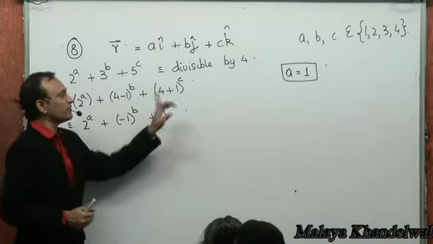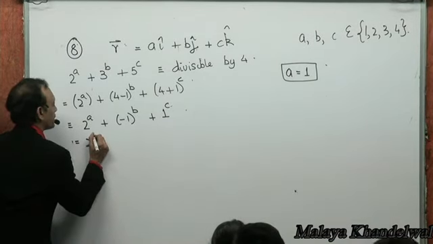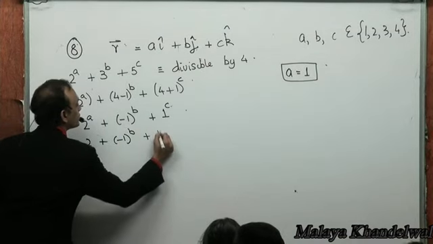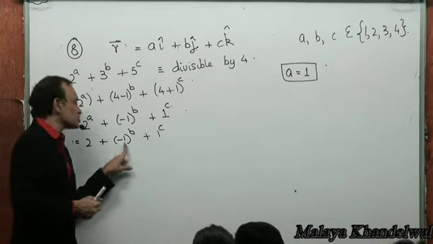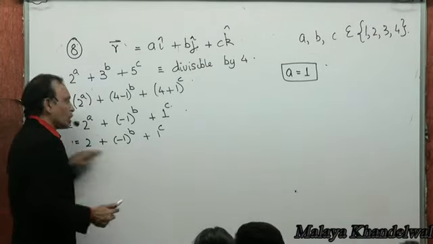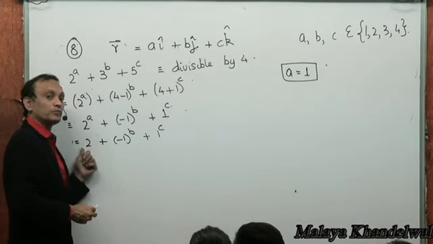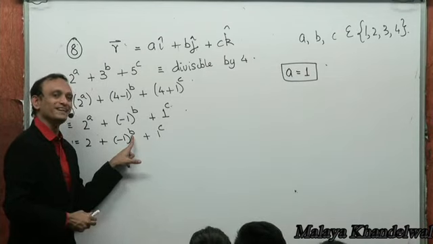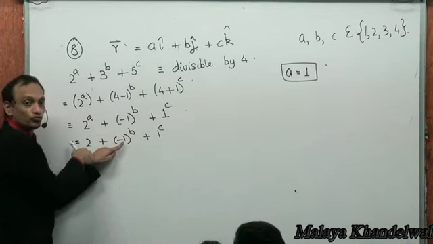If A is 1 for example, what would this become? This will become 2 to power 2 plus (minus 1) to power B plus 1 to power C. Right? Now if B is odd, this will become 0 and this will not be divisible by 4. This will become 2, so not divisible by 4. Therefore, B cannot be odd. B has to be even. If B is even, this will become 1 plus 1, 2 plus 2, 4.